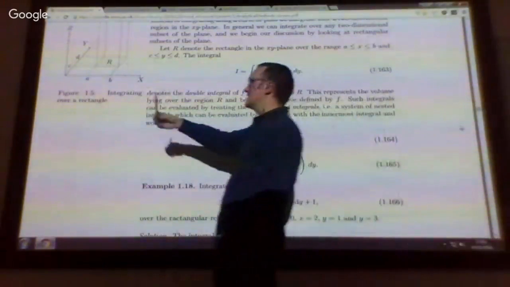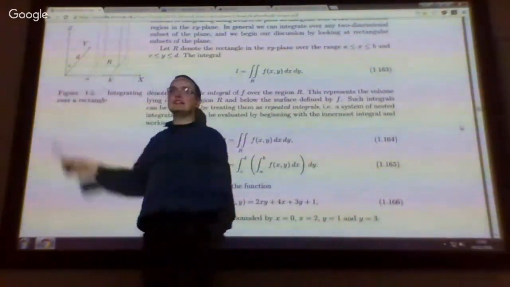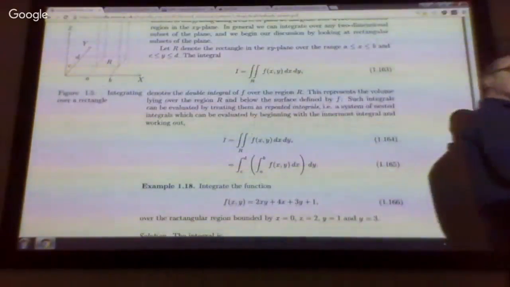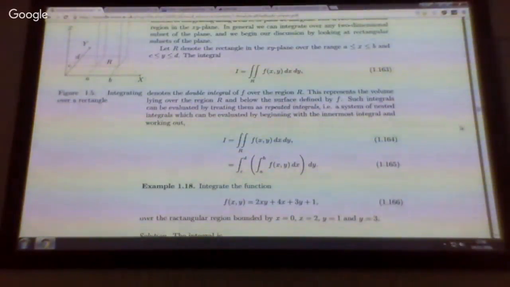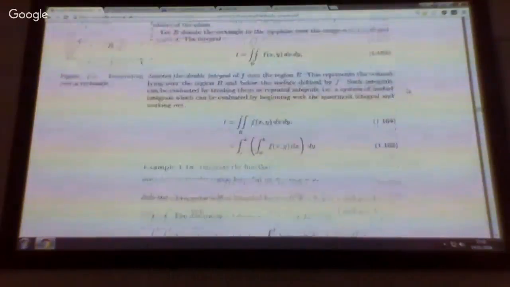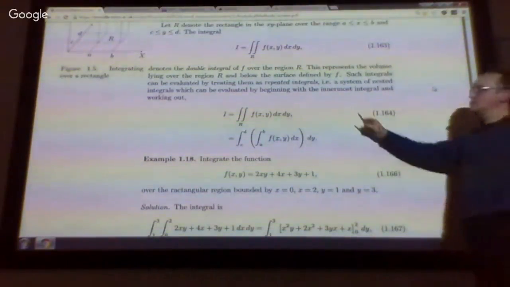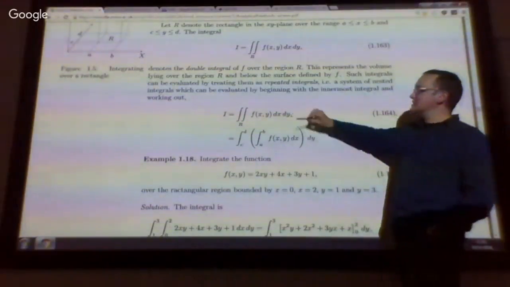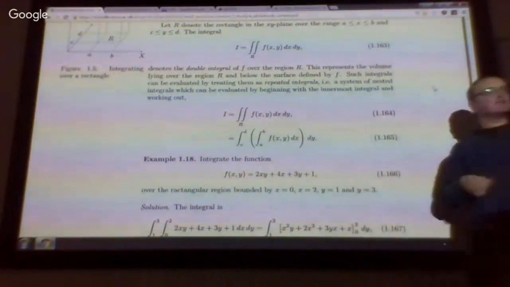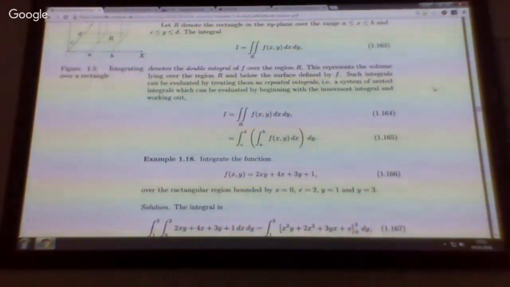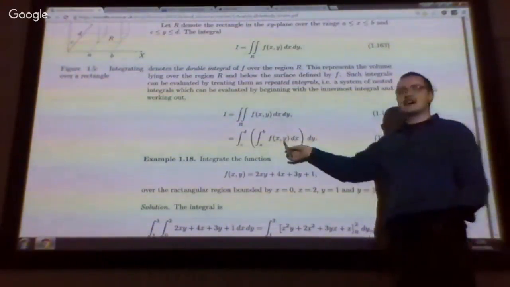So such a rectangle is defined by these four values: the left and right limits on the x-axis and the forward and back limits, if you like, on the y-axis. And for such simple regions, the way we evaluate these double integrals is they naturally turn into this pair of nested integrals. Okay, a pair of nested integrals where you've got one integral inside another one.